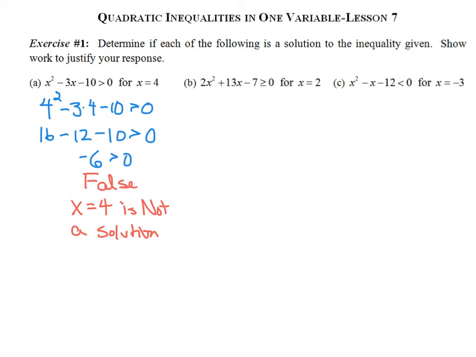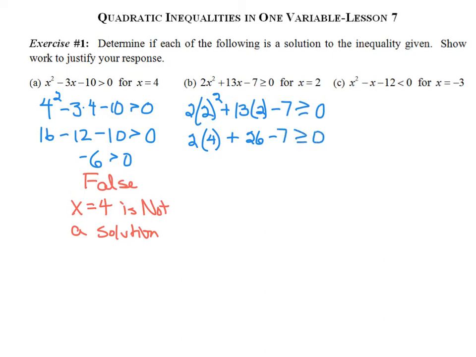For part B, let's substitute 2. So I'm going to say 2 times 2 squared plus 13 times 2 minus 7. And we want to know, is that greater than or equal to 0? Again, let's follow the order of operations. So I've got 2 times 4 plus 13 times 2 is 26, minus 7.